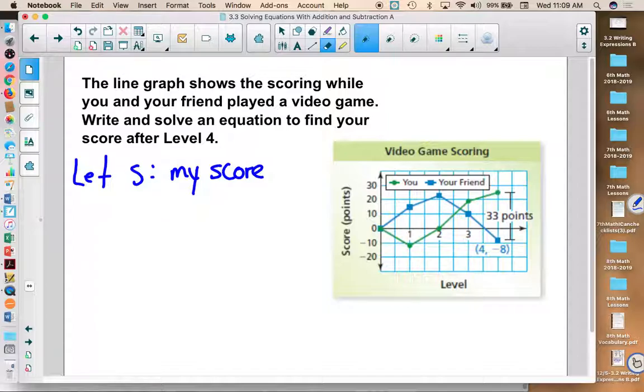Your friend's score ended up at -8. Okay? So my friend equals -8. I got a difference of 33.